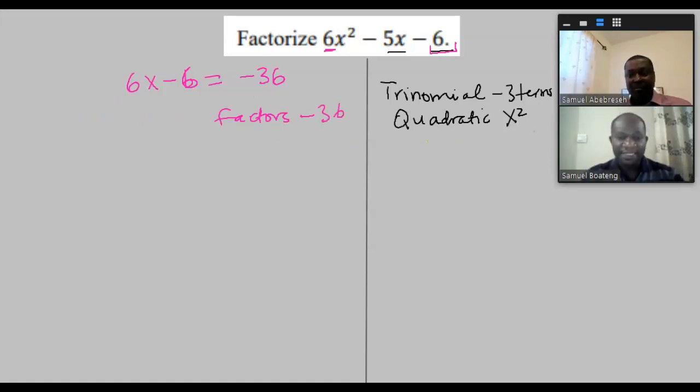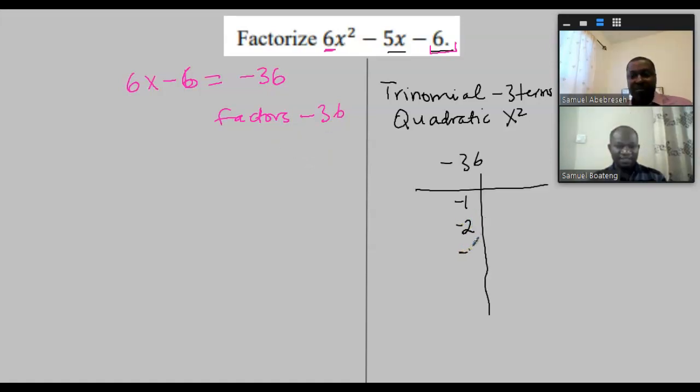So let's look at the negative factors of 36: minus 1, minus 2, minus 3, minus 4, minus 6, minus 9, minus 12, minus 18, minus 36. Then you write the positive ones: 1, 2, 3, 4, 6, 9, 12, 18.